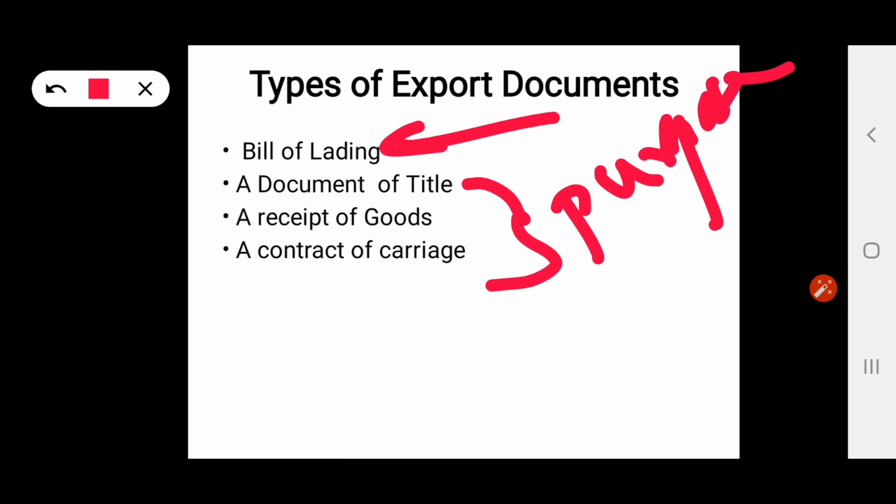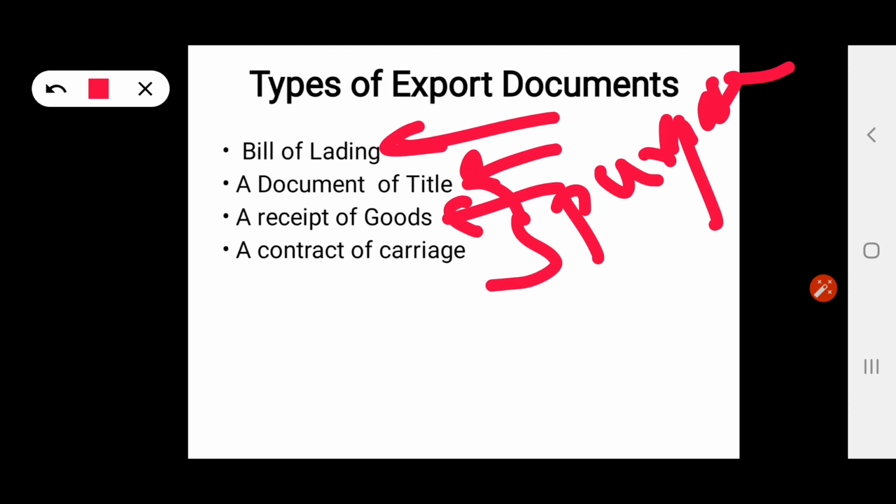Title means ownership. It shows who is the owner of the merchandise, and it is also useful as a receipt of goods. The same bill of lading can be used as proof of the carrier's possession of freight.